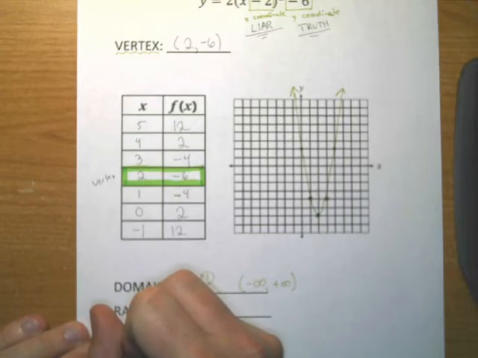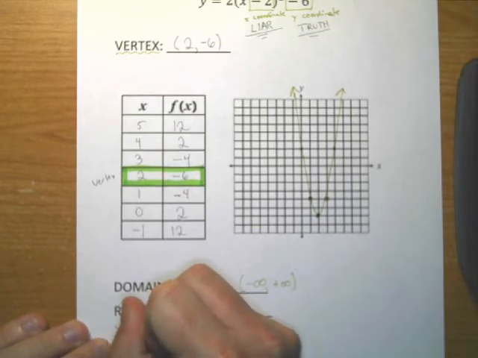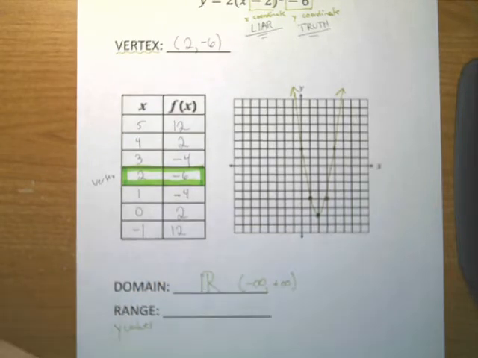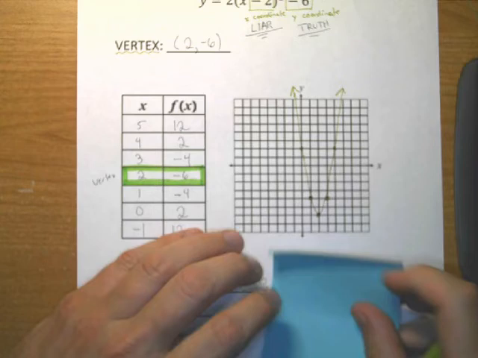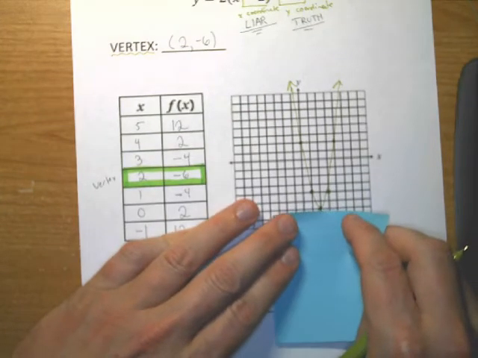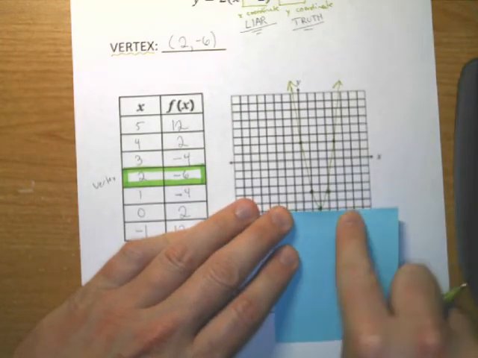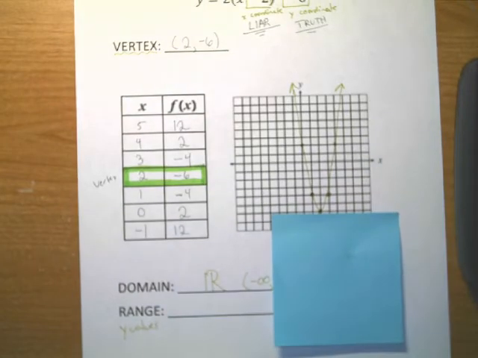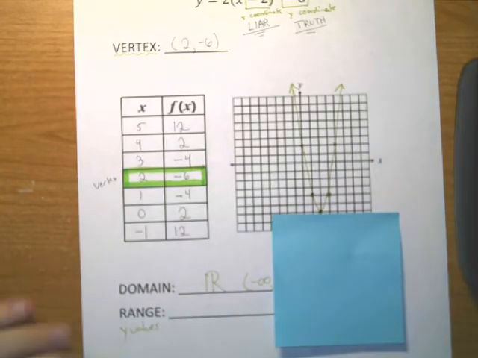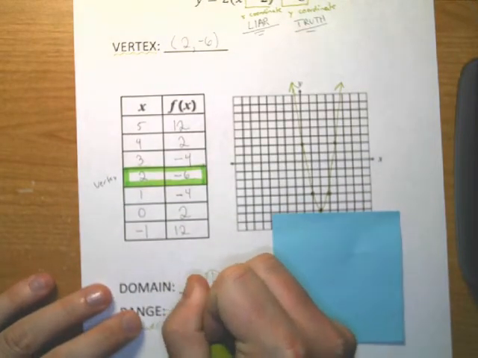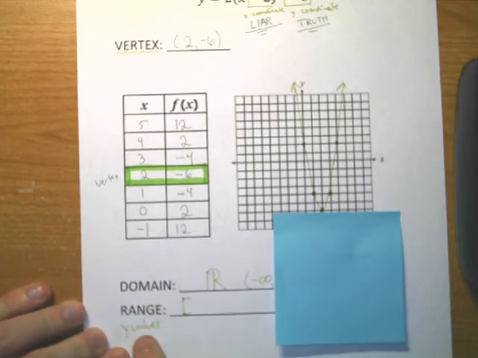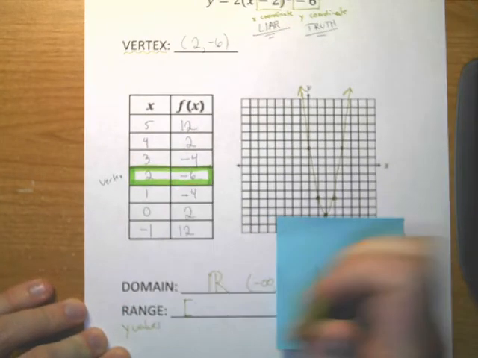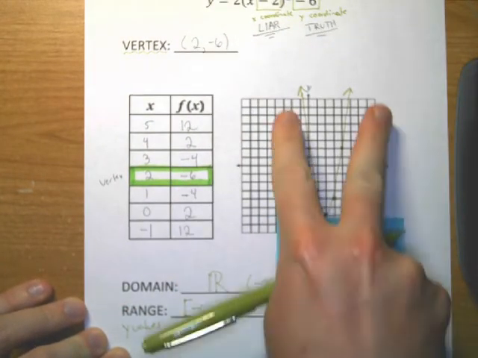Range are our y values. There is a lowest point. The lowest point is right here. There's nothing below that point. So when naming our range, we're going to literally say our lowest y value, which is our vertex, -6. And it keeps on going all the way up to positive infinity.